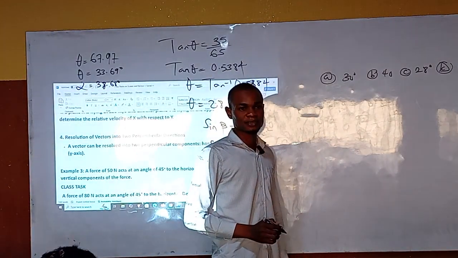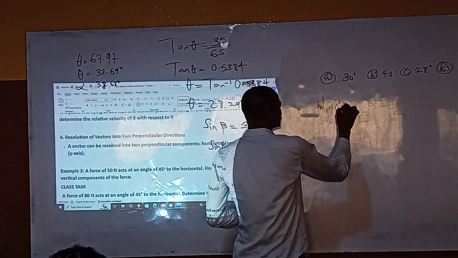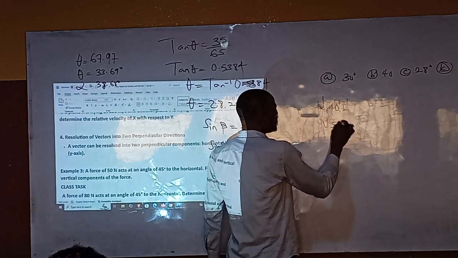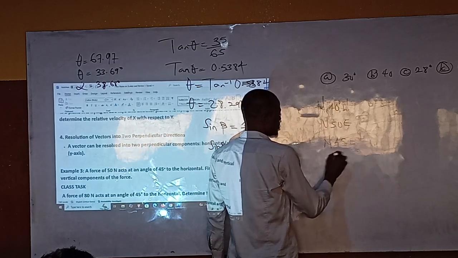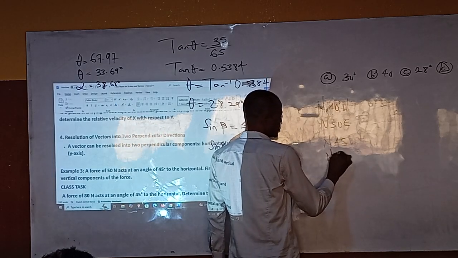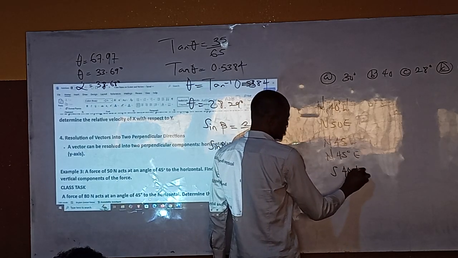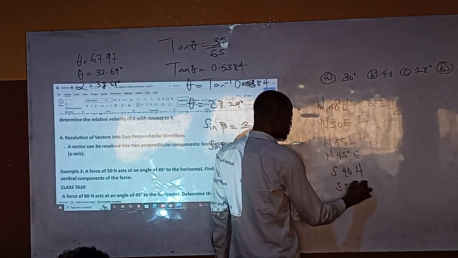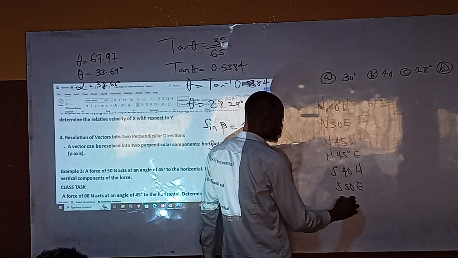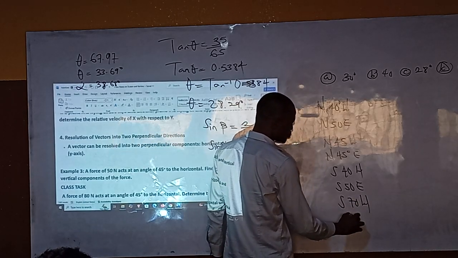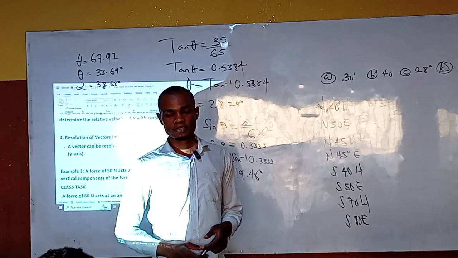North 40 degrees west, north 50 degrees east, north 45 degrees east, south 40 degrees west, south 50 degrees east, south 70 degrees west, south 80 degrees east. How am I going to do this?